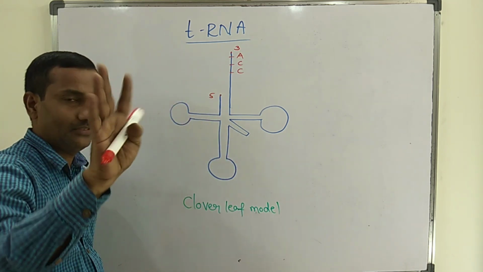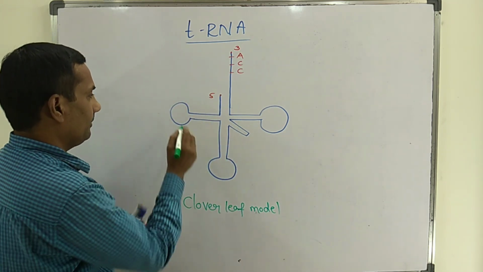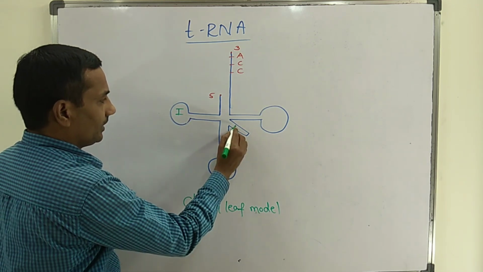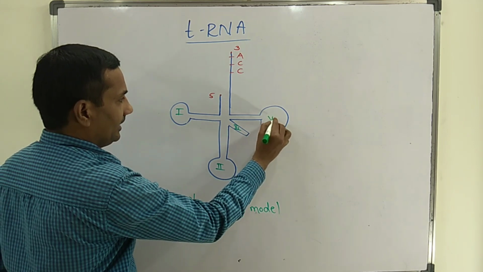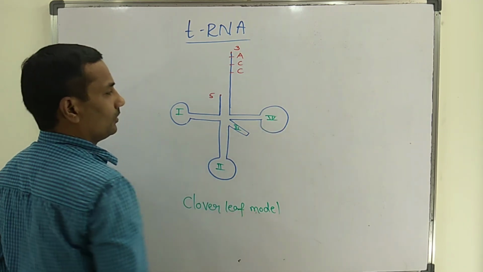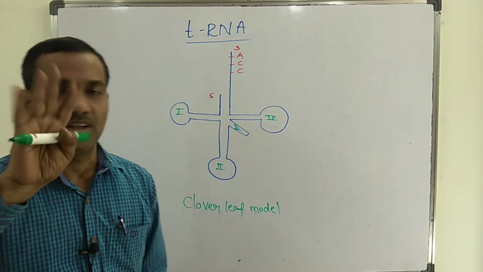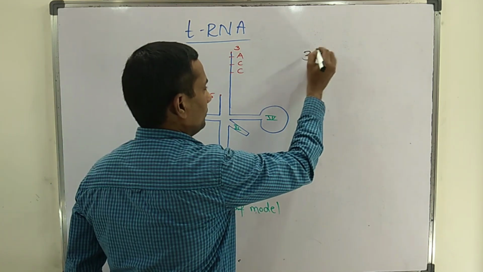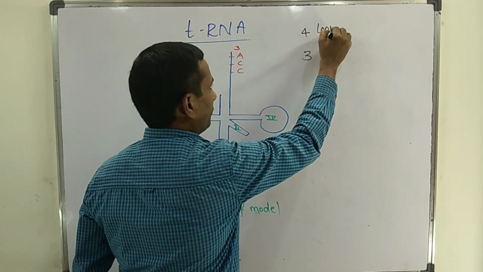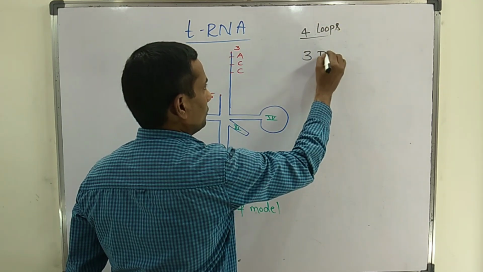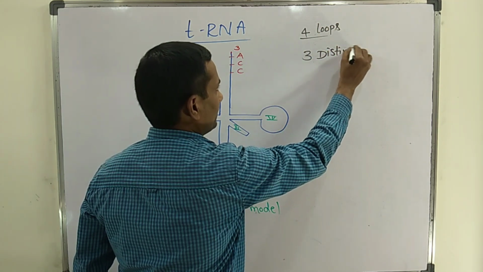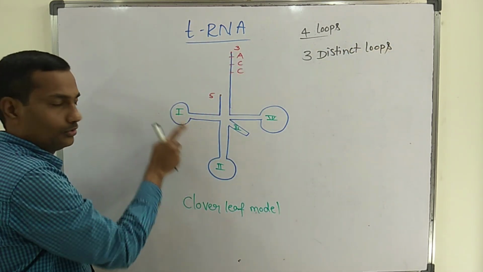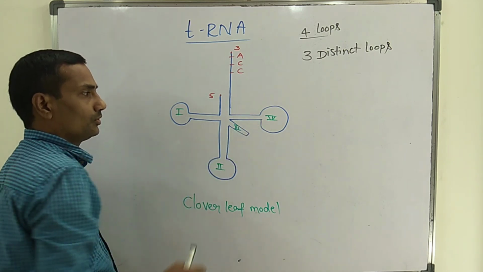Now it has mainly four loops. This is the first loop, second loop, third loop and fourth loop.